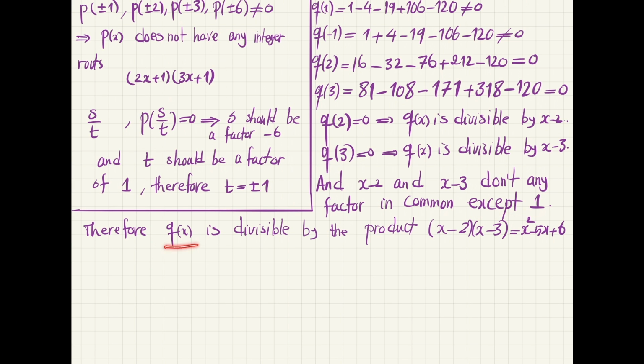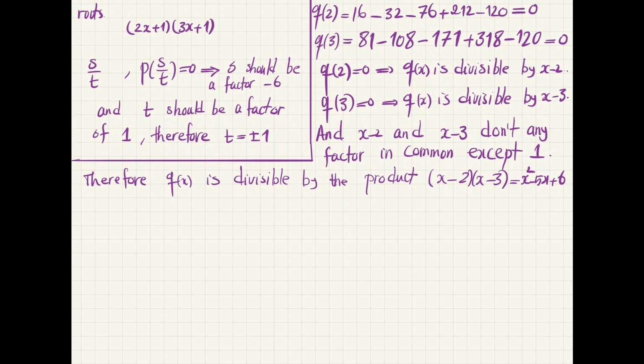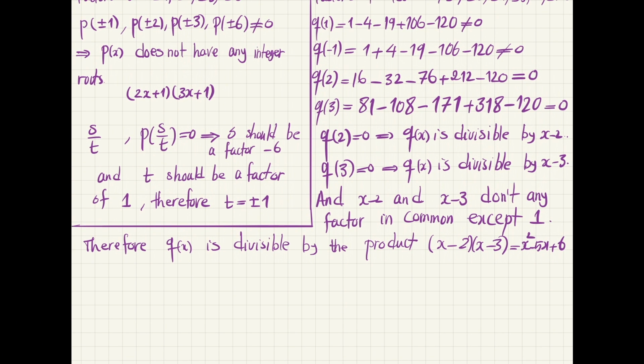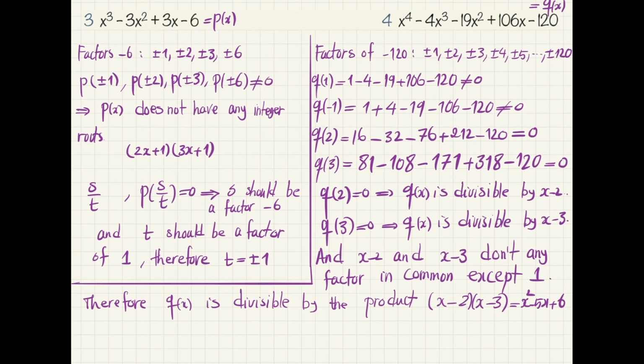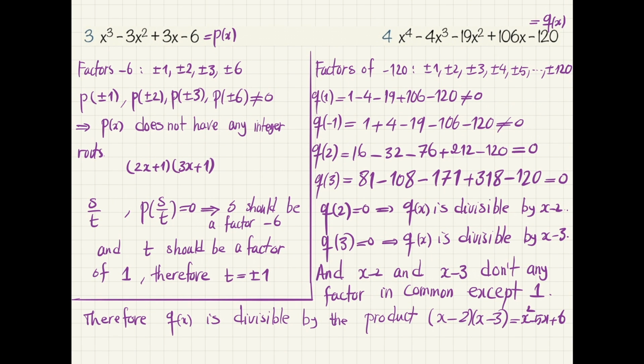So if a polynomial is divisible by x minus 2 and also divisible by x minus 3, definitely it is also divisible by the product, which is x squared minus 5x plus 6. So instead of dividing my polynomial by x minus 2 and x minus 3 individually, I will divide it by this x squared minus 5x plus 6.